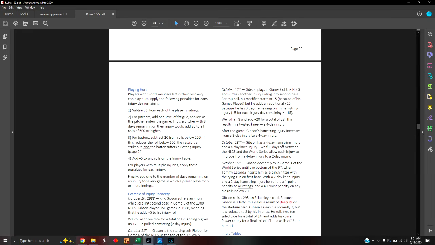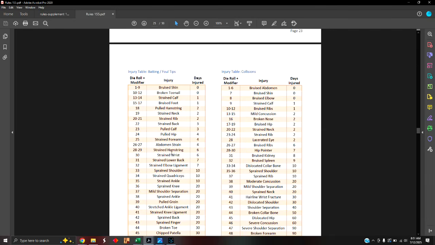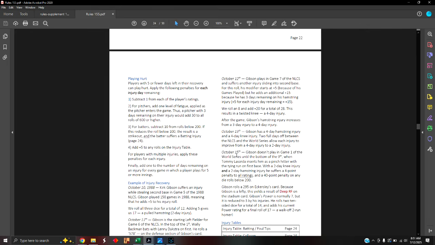And so if they have 5 or fewer days left in the recovery, you apply certain penalties based on how many days they have left. So in our example, let's go with broken nose. 2 days. Broken nose, 2 days.